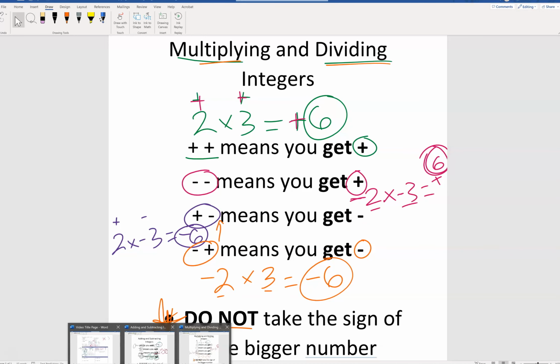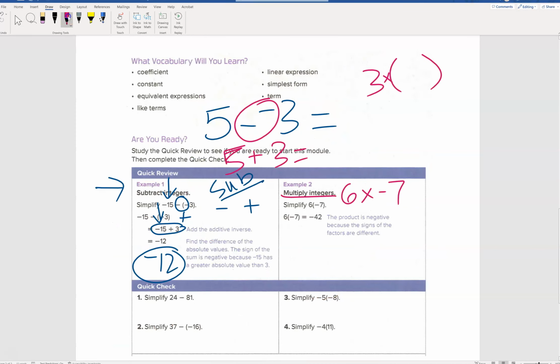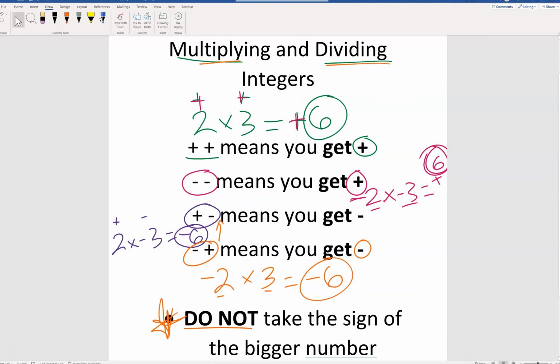So now let's go back to our problem. We know we need to subtract, so we're going to write, oh no, it's not subtraction, sorry. You take the sign of the subtraction sign. So for instance, in here, we were doing multiplying and dividing now. So you had a positive and a negative. That means my final answer is going to be a subtraction symbol, sorry.